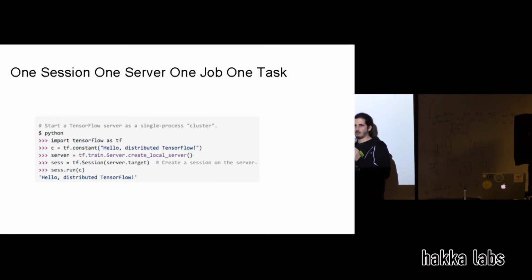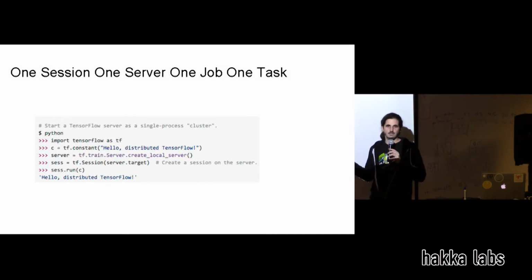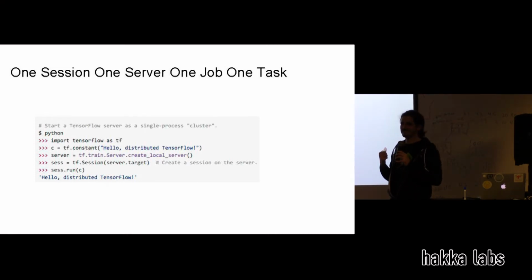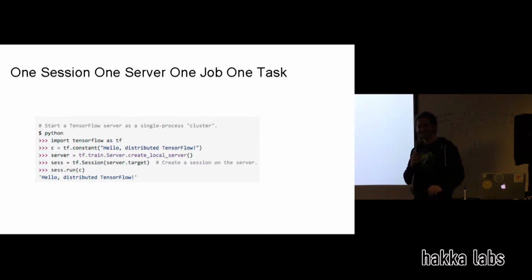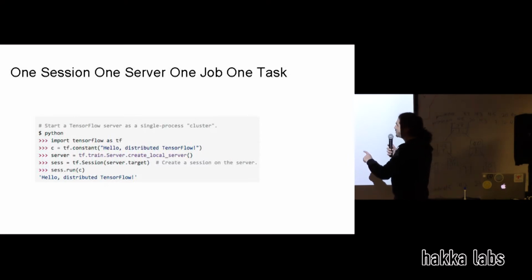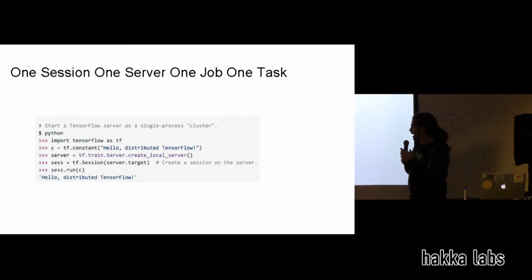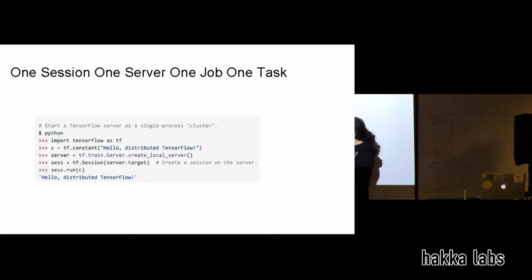So how many jobs do we have in this? We have 1 job and 1 task. Very simple. And you have a bit of magic going on here, where the session is going to take this tensor.